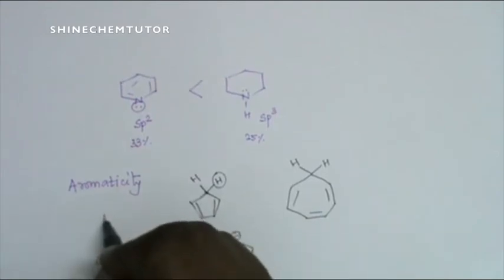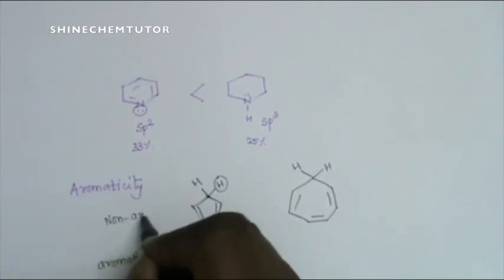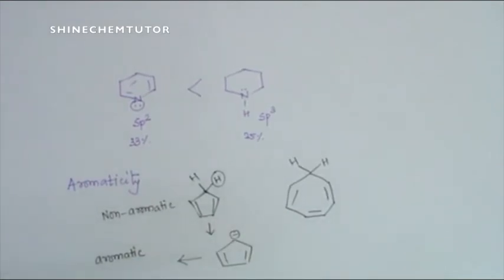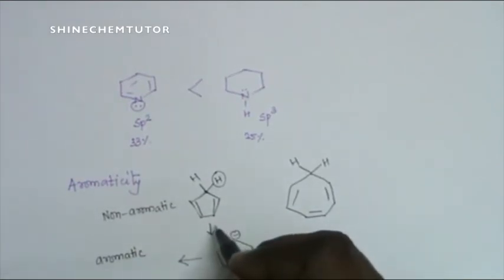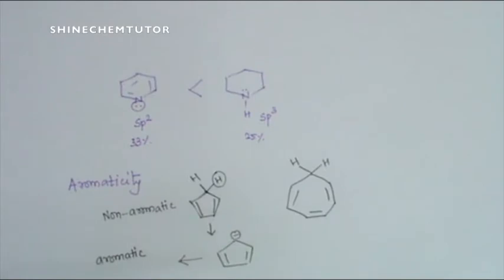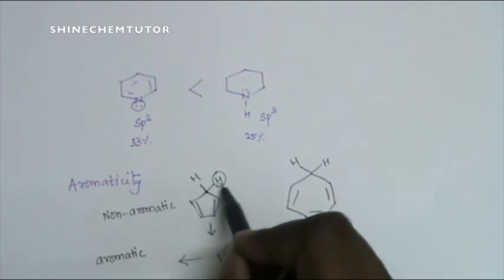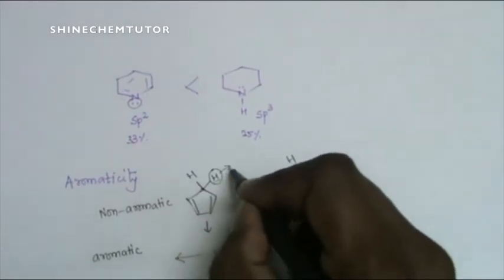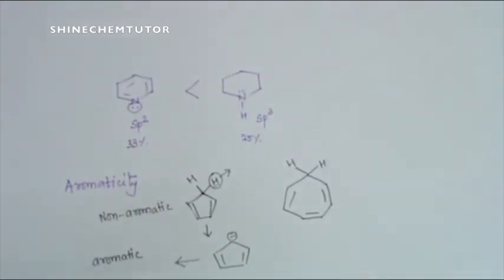Cyclopentadiene is non-aromatic. When I abstract the proton, it becomes aromatic. So this particular reaction is more favored. The non-aromatic compound tries to become aromatic by losing its hydrogen. So it will readily lose the hydrogen to achieve the aromatic property. So as a result, this will be more acidic.